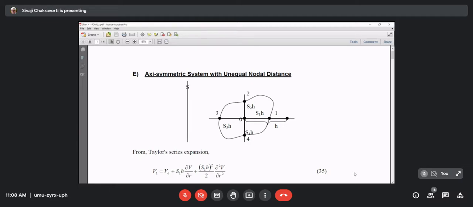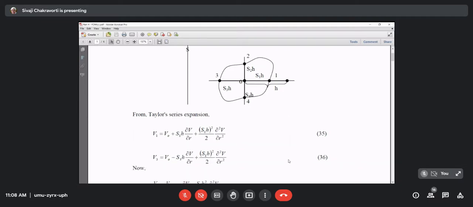Rotation about the axis of symmetry. That is shown on the left-hand side. This S is the axis of symmetry. So we represent the nodal distances which are all less than h as a fraction of h, and then S1, S2, S3 and S4 are nothing but dimensionless quantities which is less than 1.